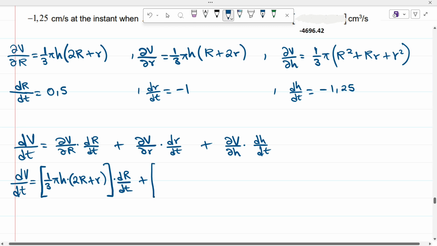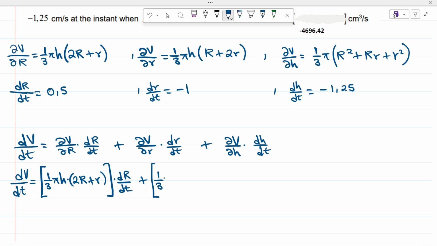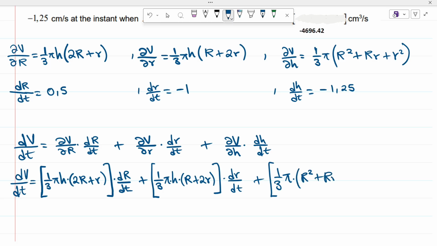So I'm going to substitute the other one there, which is going to be 1 over 3 pi h multiplied by R plus 2r, like that, and then I close, I multiply by the rate at which r changes with time, plus the last one, which is going to be 1 over 3 pi into R squared plus Rr plus r squared, just like this.